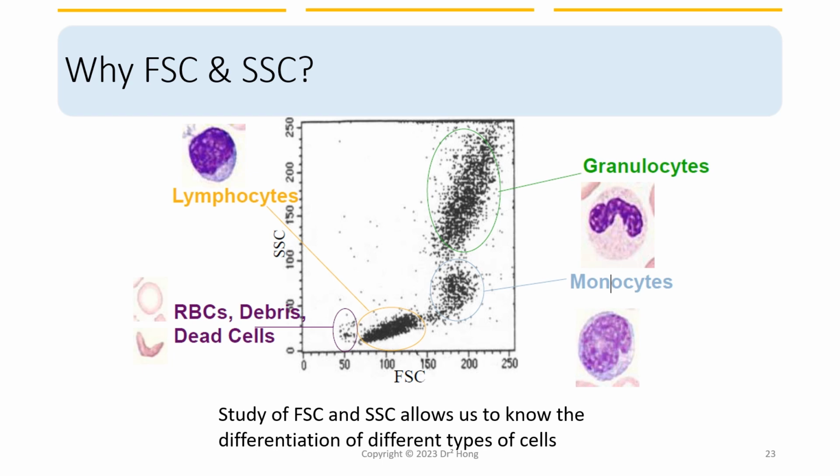And we use this method to analyze blood samples. It can quickly identify and quantify different blood cells. The smaller ones would be red cell debris or even dead cells, and the relatively bigger ones would be the white cells. And depending on the granules in each of those white cells, we can also finally separate them into granulocytes and agranulocytes.